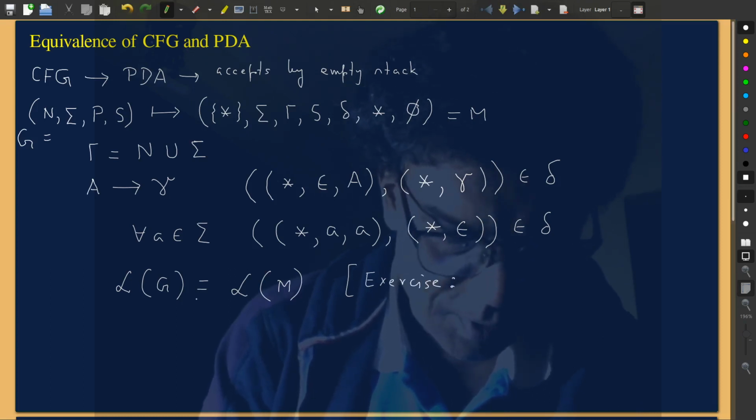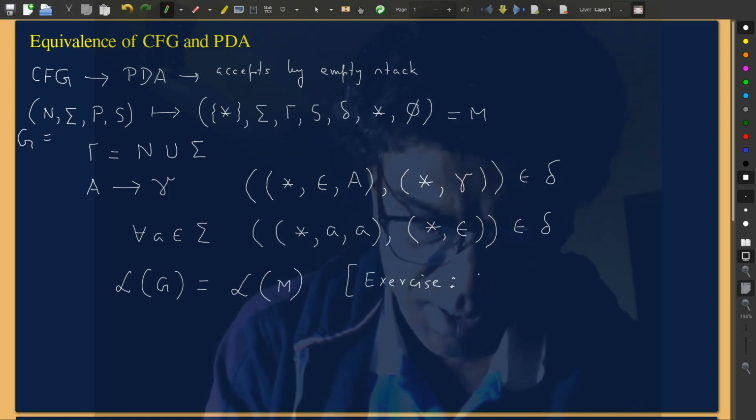You can show that this is contained in this and this is contained in this. In either case, you can use induction.